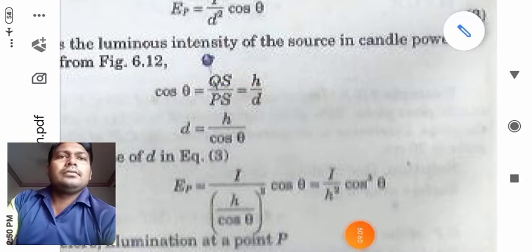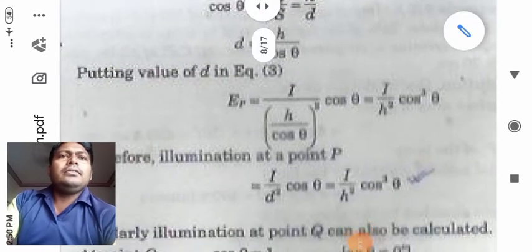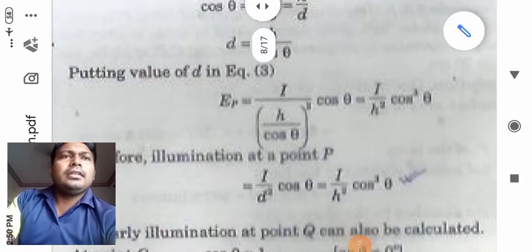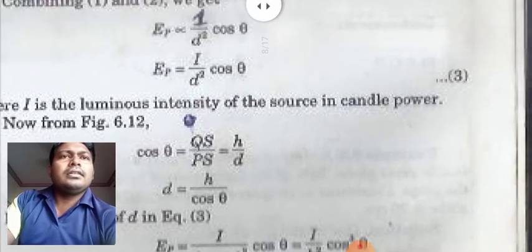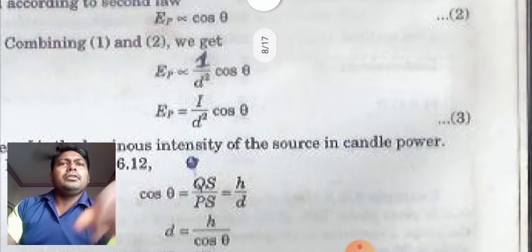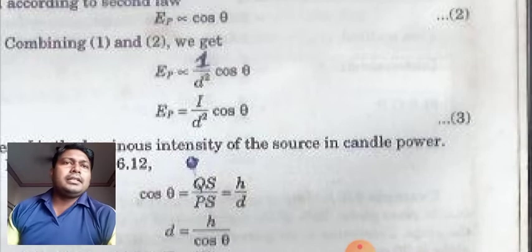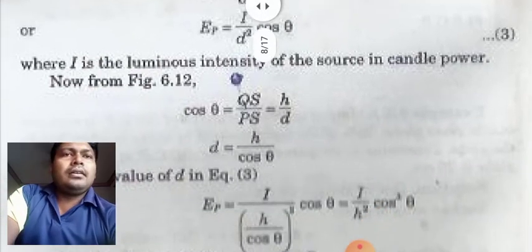Now putting the value of d in equation 3, which one is your equation 3? This one is your equation 3, that is Ep is equal to I divided by d square cos theta. Now we will put this in equation 3.